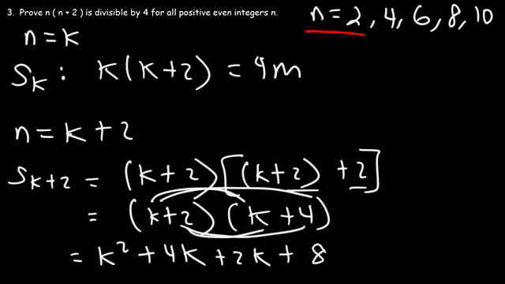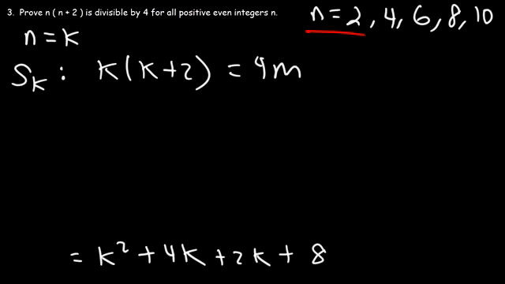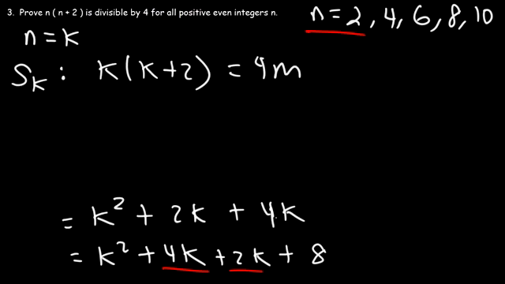Now, what I'm going to do is rearrange this expression. I don't want to combine like terms. I don't want to add 4k and 2k to make it 6k. I'm going to write it as k squared plus 2k plus 4k plus 8.